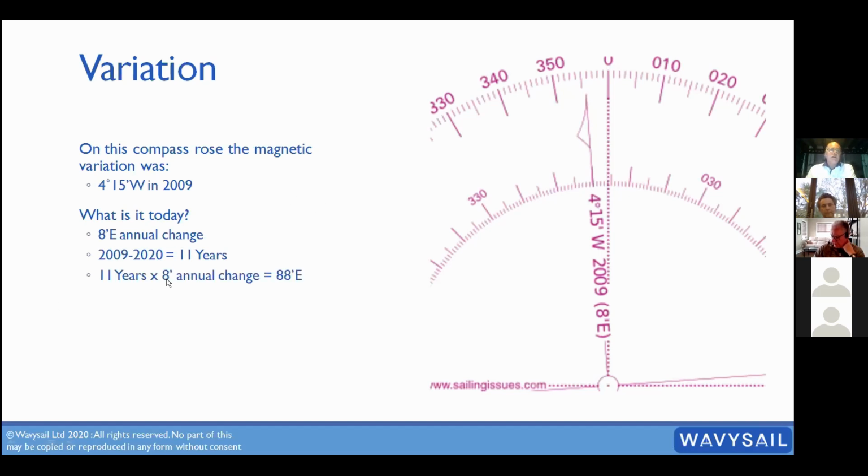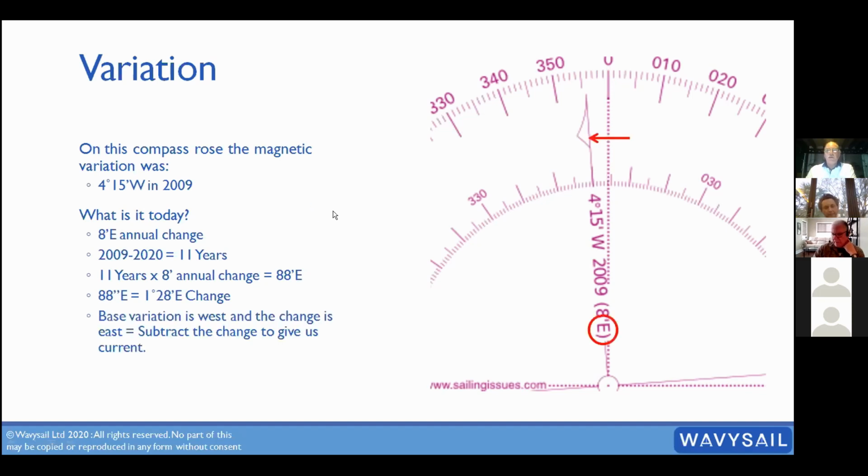So we've got 11 years by 8 minutes annual change. That means it's 88 minutes of change, doesn't it? That's just straight maths: 11 years by 8 minutes, 88 minutes. So that's 1 degree and 28 minutes of change.